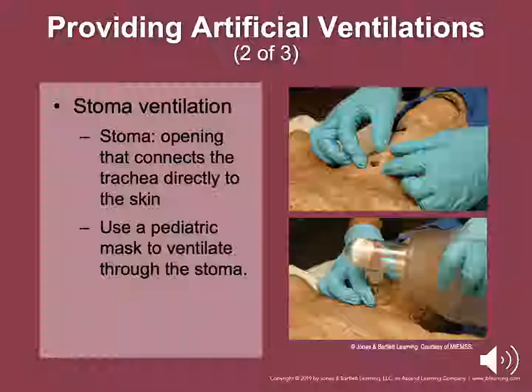If air leakage through the nose and mouth interferes with ventilation, cover the nose and mouth with your hand to make them still. Use pediatric masks to ventilate through the stoma. Okay, these patients have stomas. Use them. They're a direct line to the trachea.